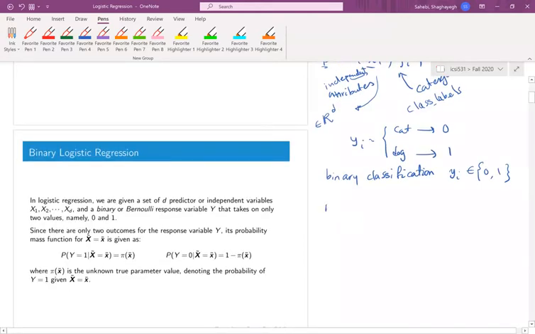So our data was like this: x0, x1, up to xd, and x0 was always 1. So this was our augmented data point. This is data point x1, data point x2, etc., data point xn.